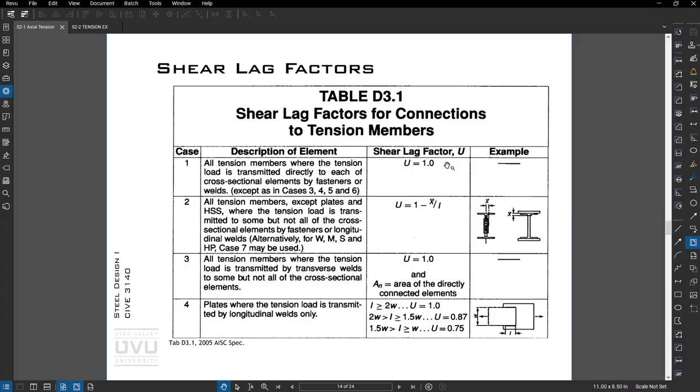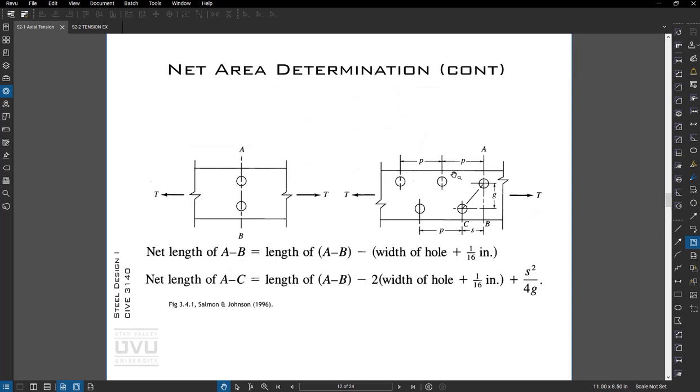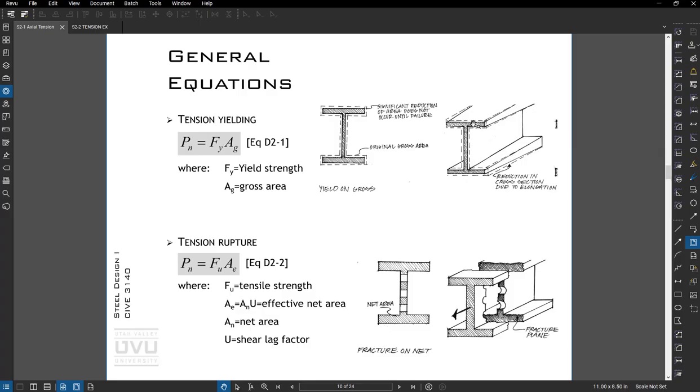of 1. So basically what we're talking about with shear lag is if we connect a flange, like let me go to a bigger image here. So let's say we connected this flange, but the force was applied in the web. There would be a lag due to the force transferring from the web into the flange, and that's shear lag.